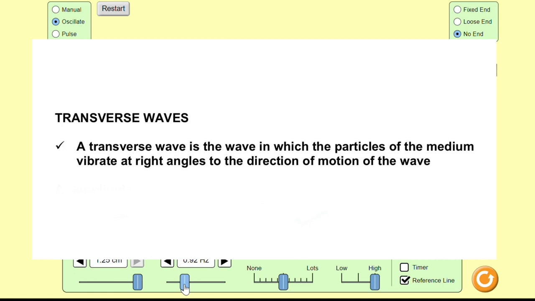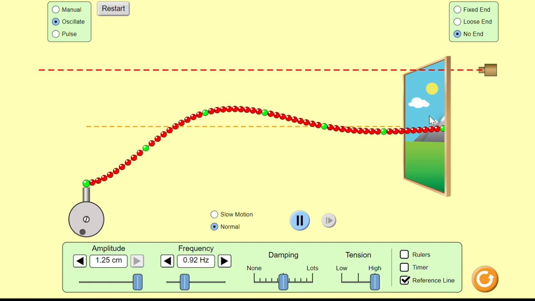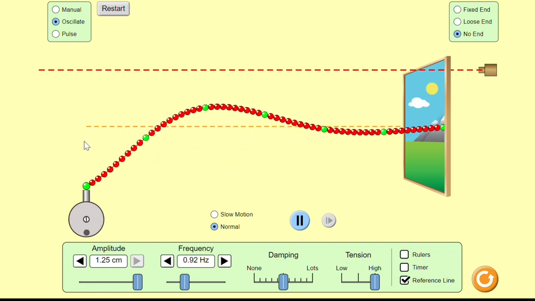Let's try analyzing our wave and see if the particles are indeed moving at right angles to the direction of motion of the wave. Right, so it's easy to see that our wave is moving to the right. This is where it's generated and it's moving to the right.